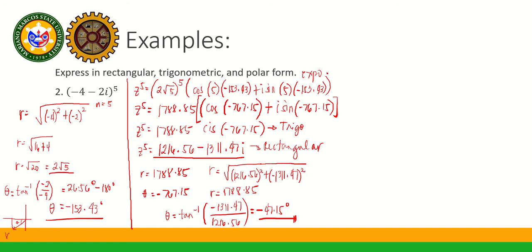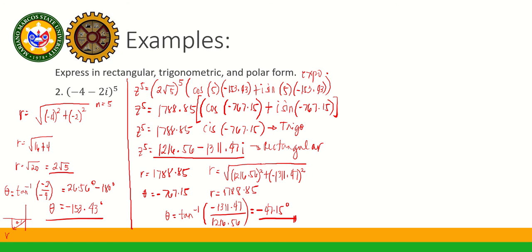Okay. So, yung isang revolution lang natin is 360 degrees. So, if you try to subtract 360 degrees dyan, so 767.15 minus 360 degrees is equal to 407.15, which is higher pa rin sa isang revolution. So, i-subtract ulit natin si 360. So, that will be 47.15.